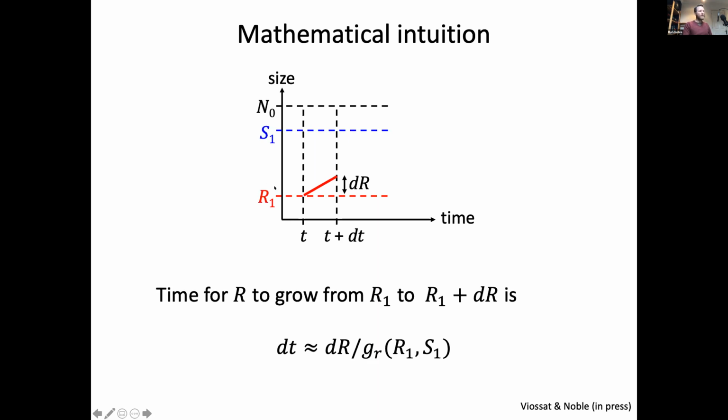So suppose we start at our size R1 and we progress a very small time increment dt, then the resistant cell population during this time grows by an amount dr. And if we assume these are small, then the time for the resistant cell population to grow by this amount dr is approximately equal to dr divided by the growth rate, gr. So this is just like distance divided by speed.